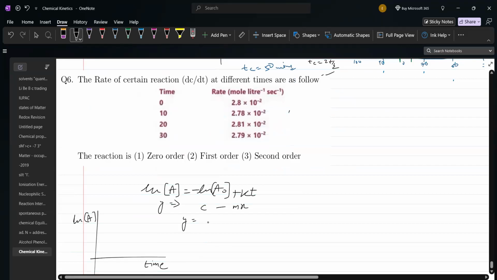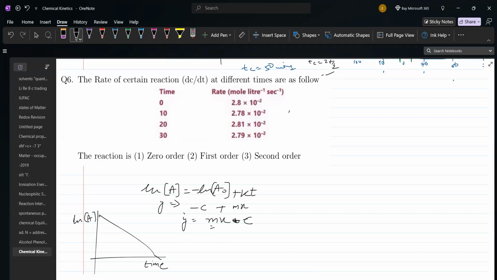Okay, so this one will be like this one, and y is equal to mx plus c, minus c. So we will get a graph like this, in which this is y and the slope is m. So m will be what? This k, right?